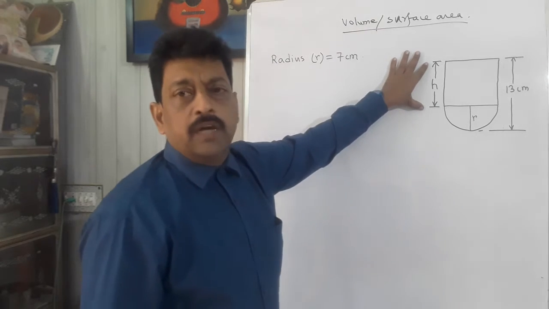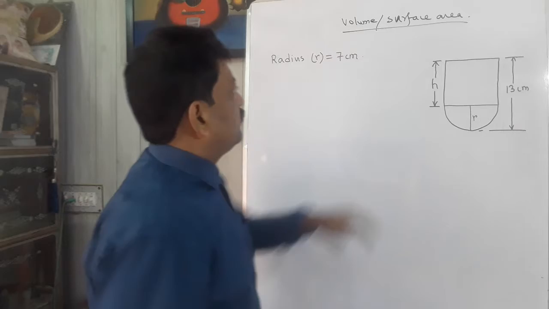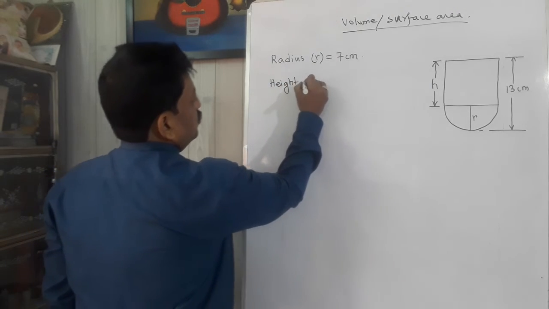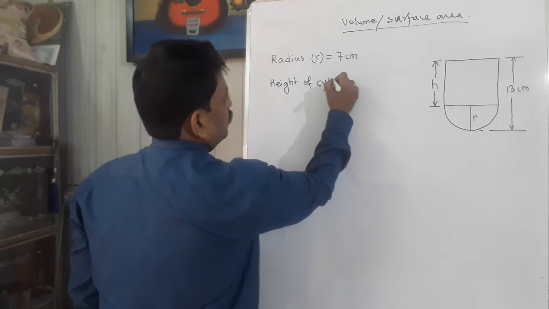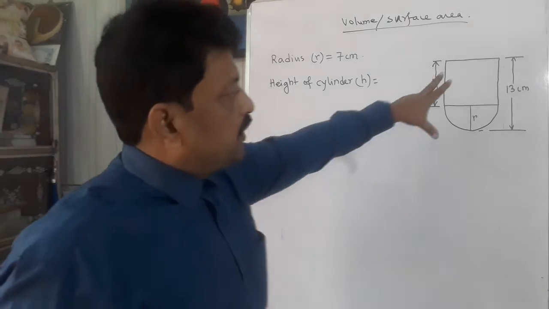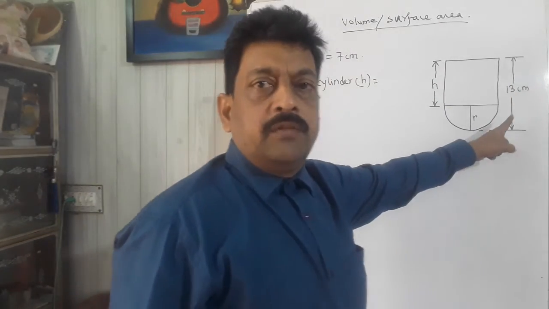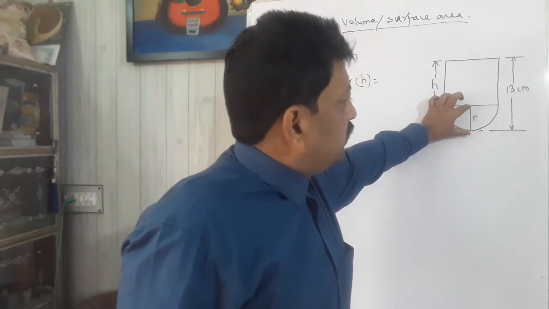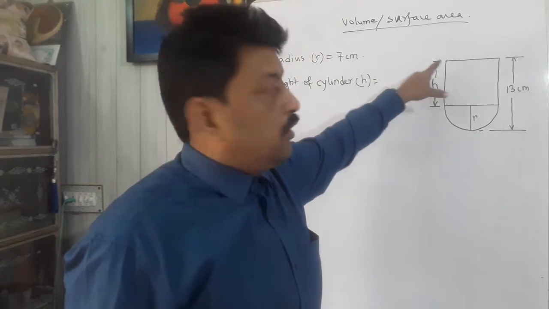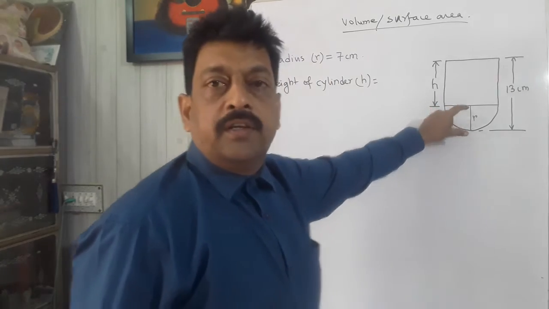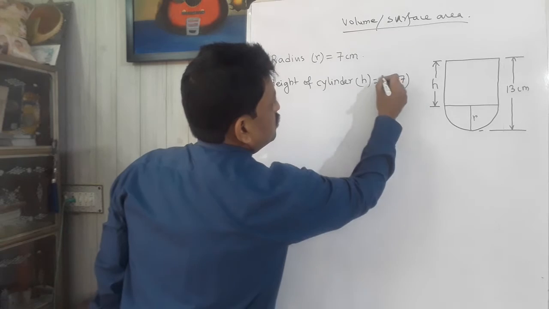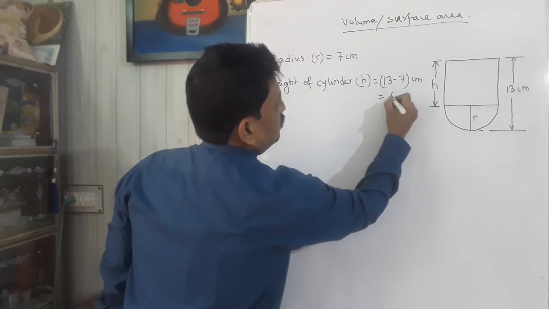So first of all we have to find the height of the cylindrical part. So height of cylinder h equals, as you can see from the diagram, total height is 13 cm and radius is 7 cm. Naturally the height of the cylinder will be total height minus the radius, so that gives 13 minus 7 centimeter equals 6 centimeter.